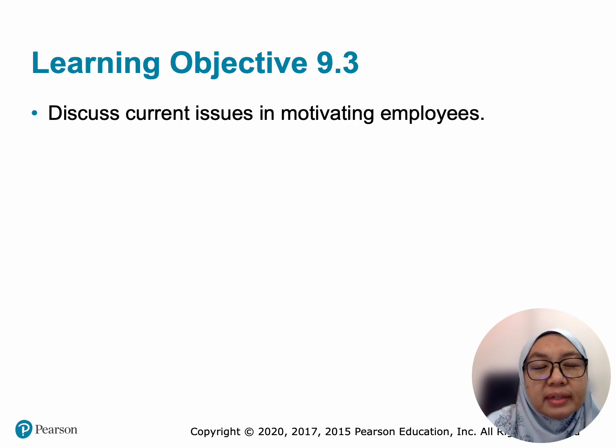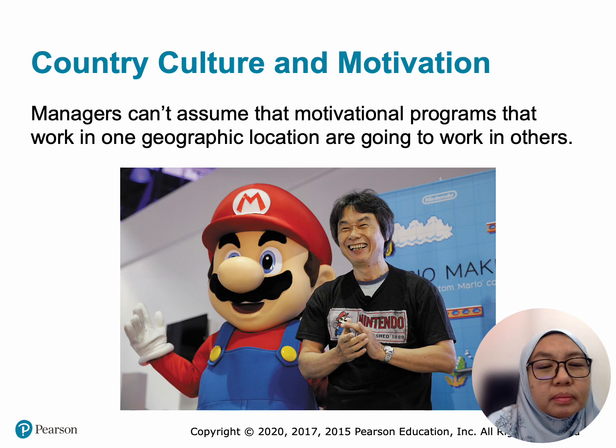So we go to the final objective of this chapter, which is: what are the current issues in motivating employees? Because different countries have different cultures, and the motivation might be suitable in one country but not suitable in others. So managers cannot assume that motivational programs that work in one geographic location are going to work in others.